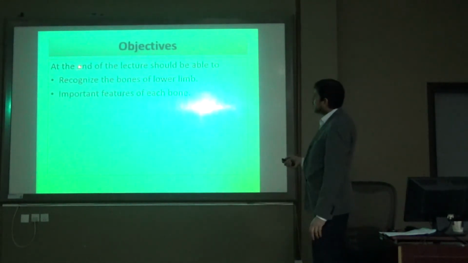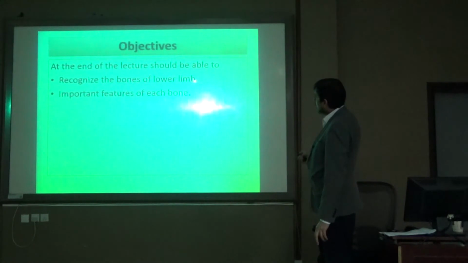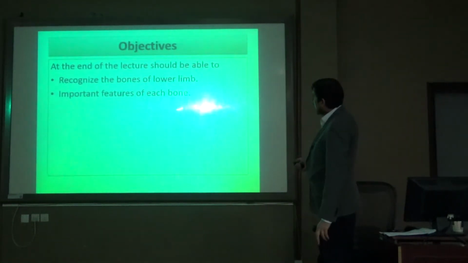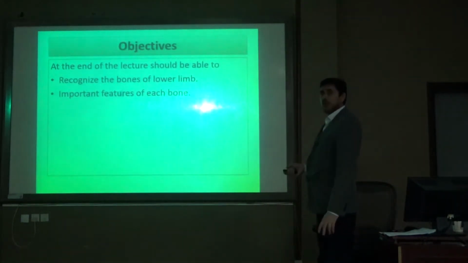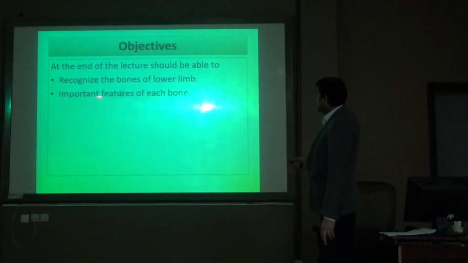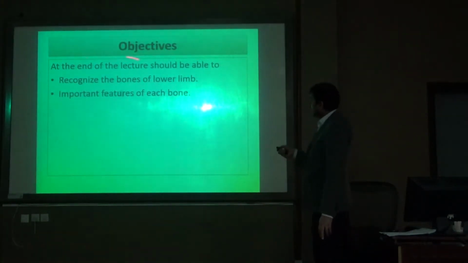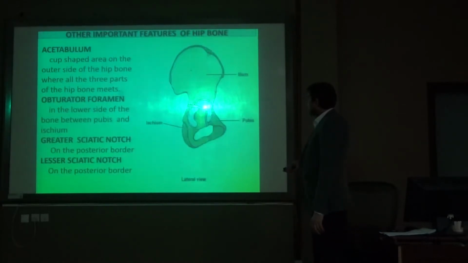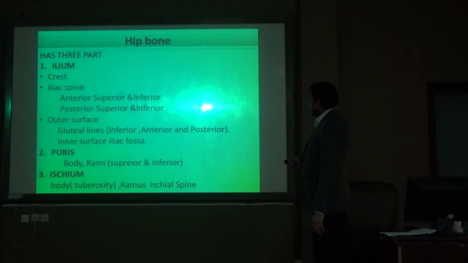What are our objectives? To recognize the bones of the lower limb. Recognize their names, especially in the foot. Others are easy. And the important features of each individual bone. 2, 3, 4, 5 features you have to memorize. Look at this hip bone. Hip bone has how many parts? Ilium.